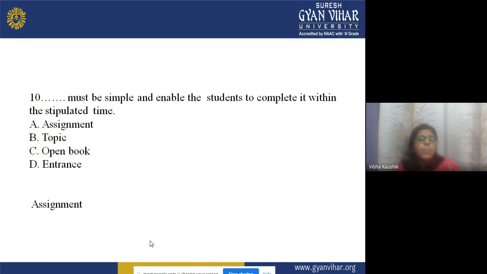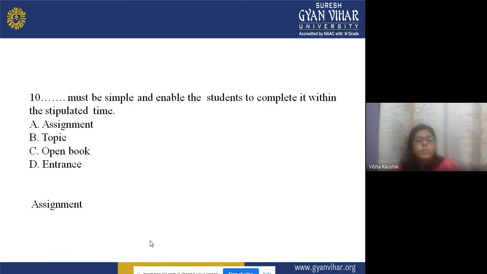Now the 10th one. Dash must be simple. Now what should be simple? And enable the students to complete it within the stipulated time. And it should be prepared in such a way that the student can complete it within the duration or within the stipulated time which is given to the learner or the students to complete it.